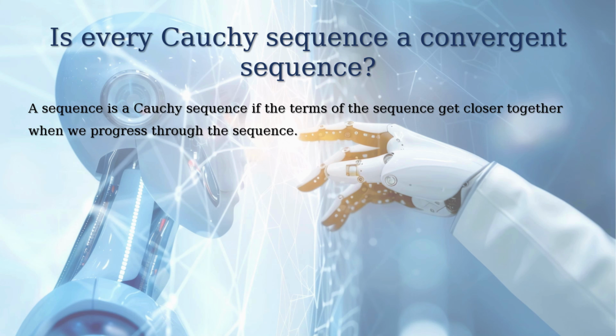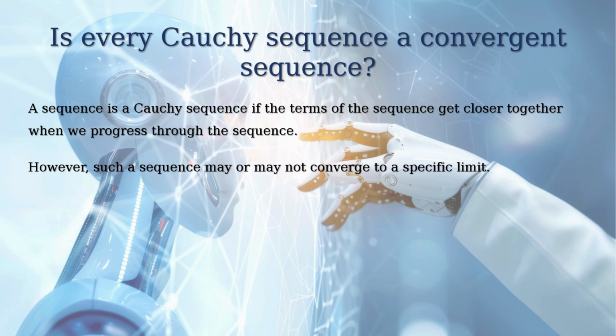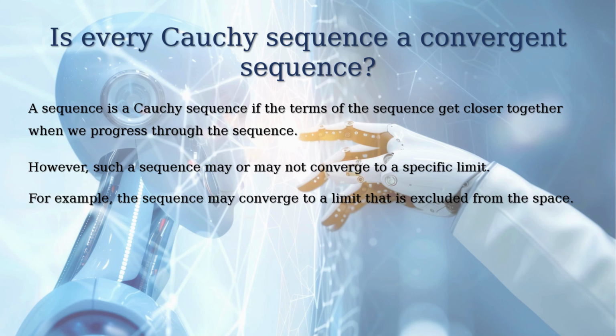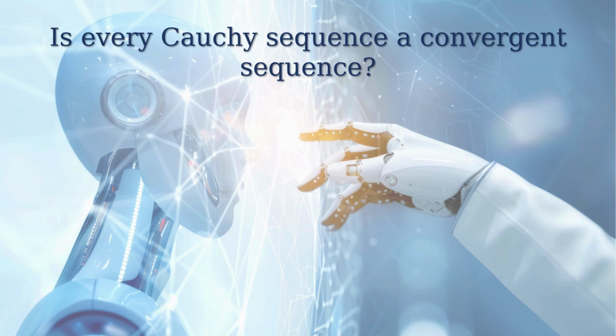A sequence is a Cauchy sequence if the terms of the sequence get closer together as we progress through the sequence. However, such a sequence may or may not converge to a specific limit. For example, the sequence may converge to a limit that is excluded from the space.